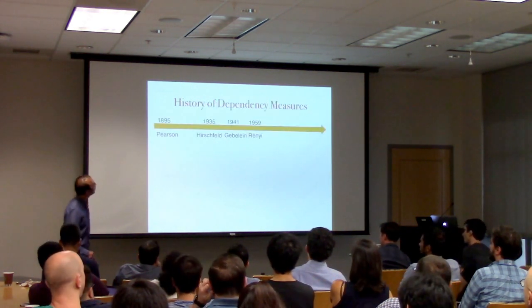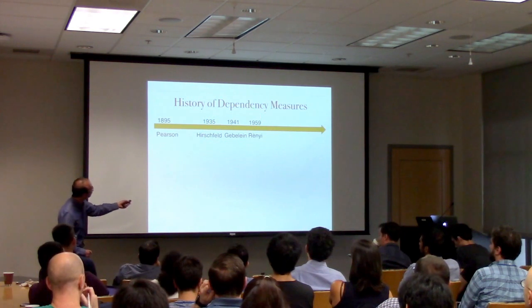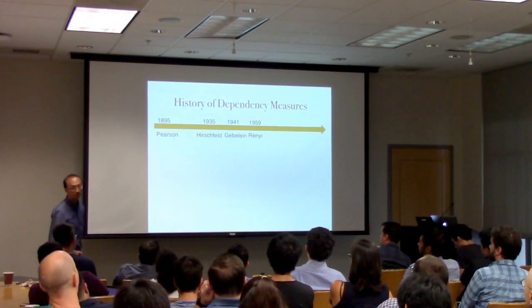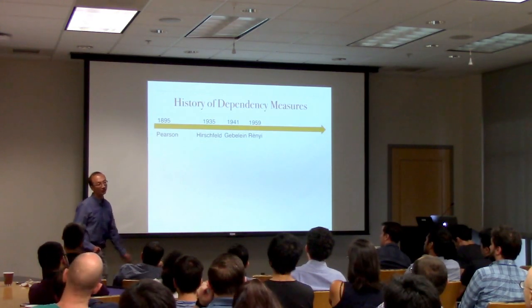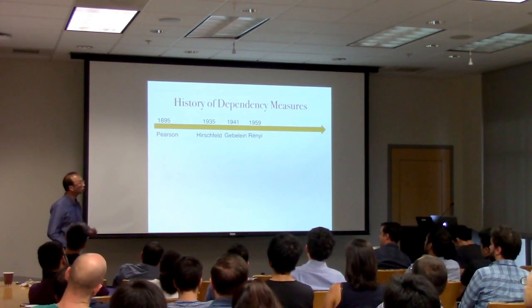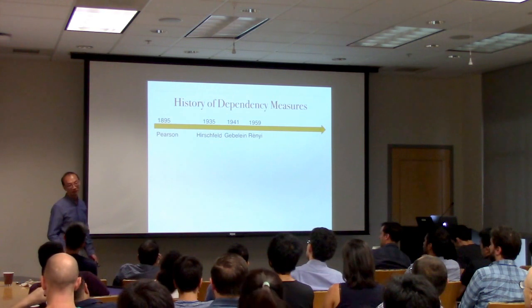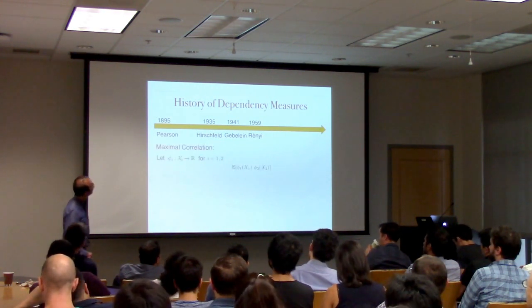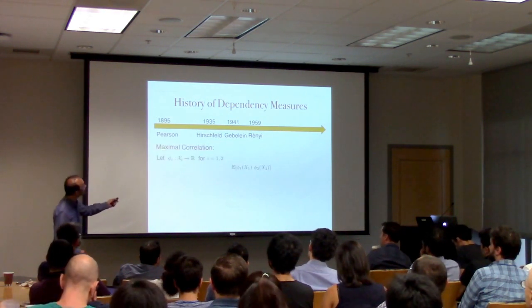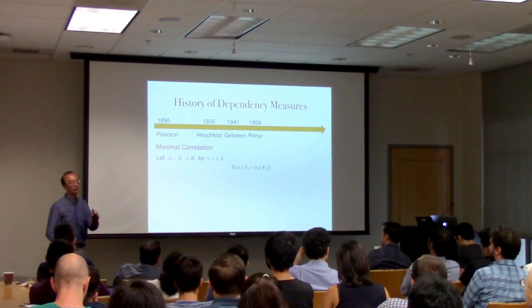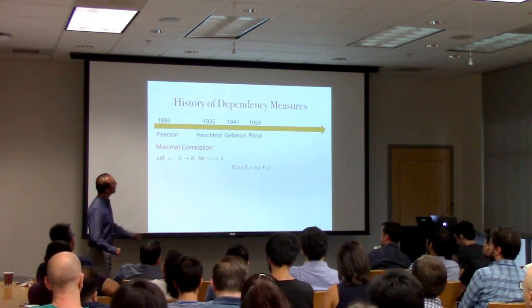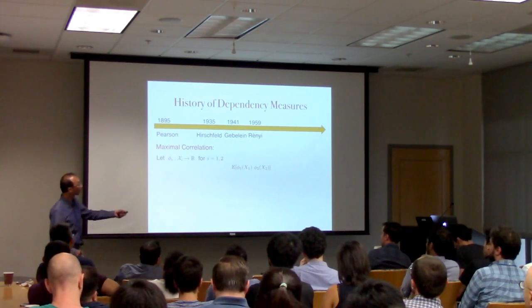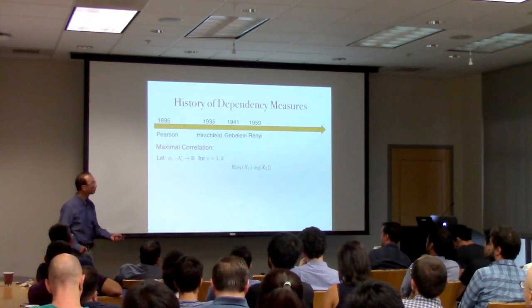Around the Second World War time, a bunch of people thought maybe there's a way to extend this. How do you avoid all these limitations of Pearson correlation? And then they came up with this notion called maximal correlation, which I'd like to spend a little time describing. Let's focus on the label invariance issue.